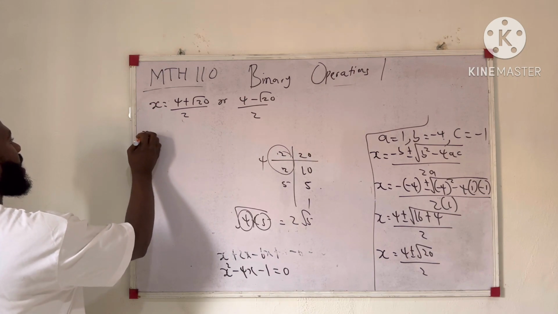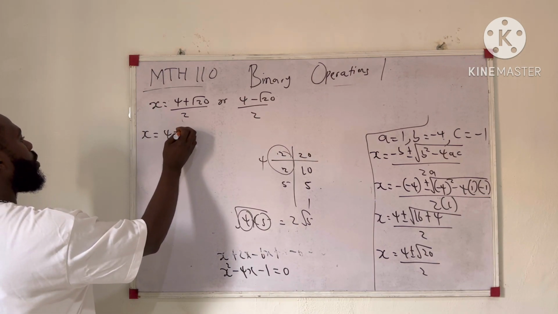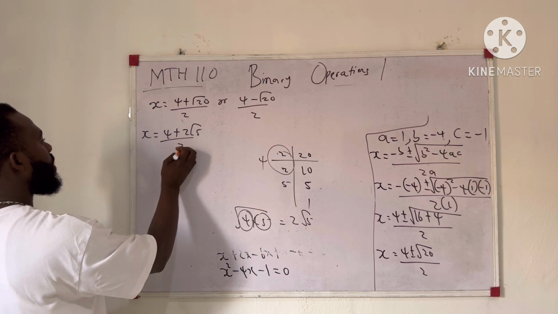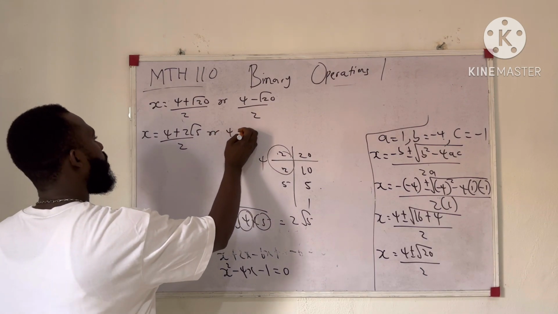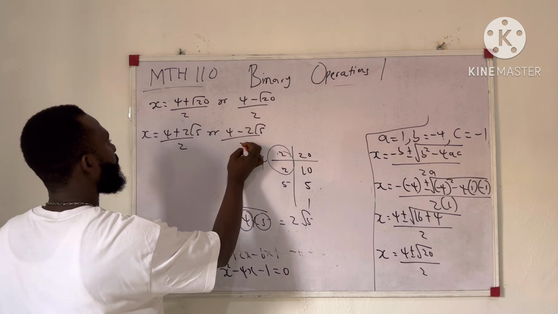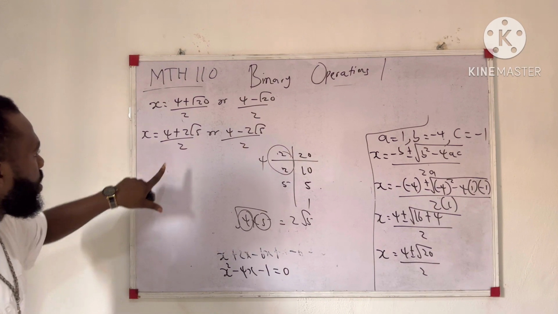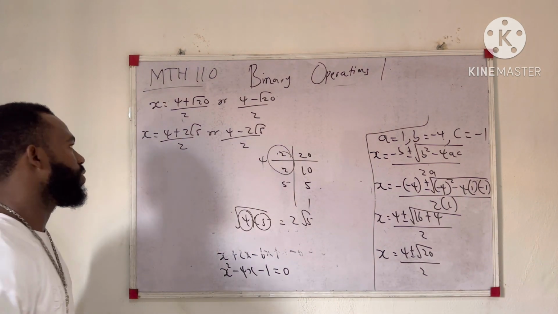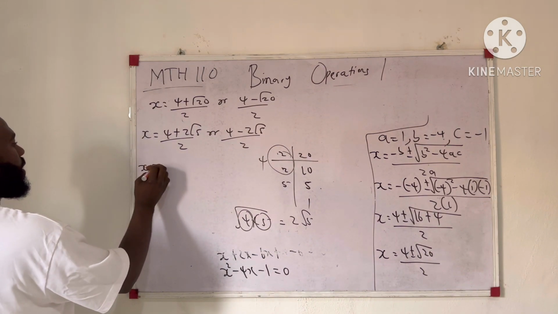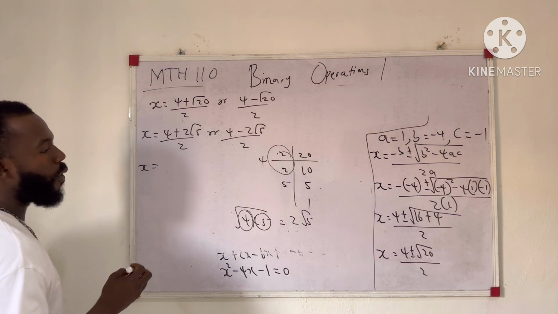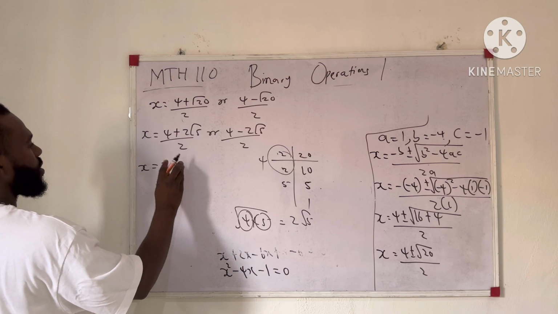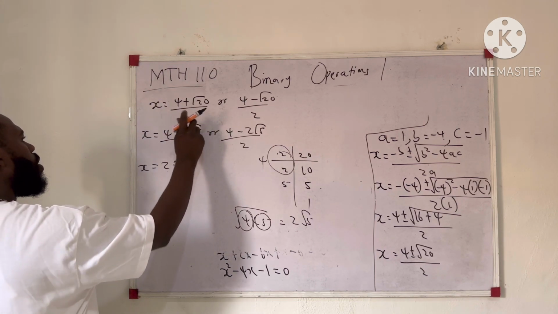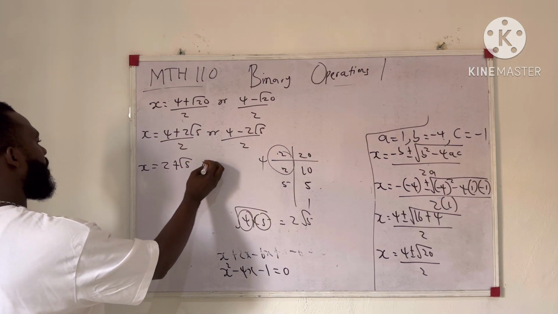So here becomes x is equal to 4 plus 2 root 5 over 2, or 4 minus 2 root 5 over 2. Now, 2 can divide 4, and 2 can also divide 2. So now we can use it. So x becomes, if 2 cancels out 4, we will have 2 plus, and if 2 cancels out 2, what do we have left here now? Root 5.